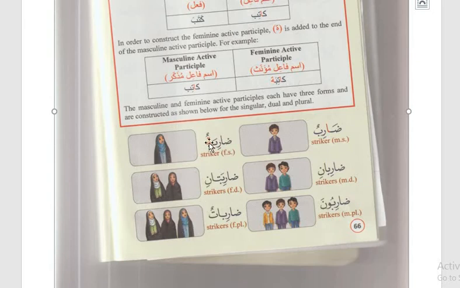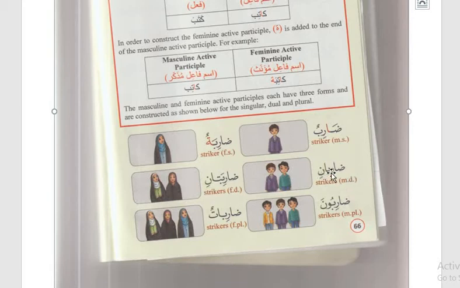Now, let's move to the feminine. As I told you, feminine, single, striker, feminine, we add تاء مربوطة to the end. So ضارب becomes ضاربة. Now for the dual feminine, 2 strikers, we add ta because it's feminine, and we add alif and noon for the dual, just like the same as here.